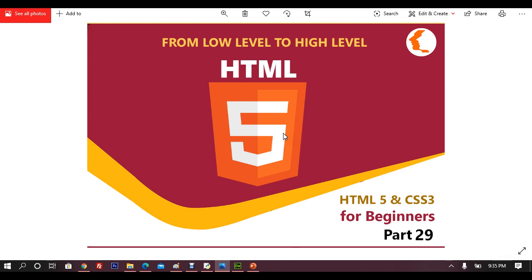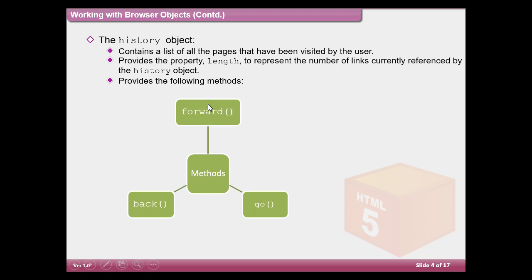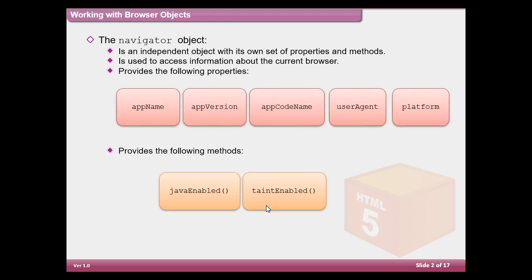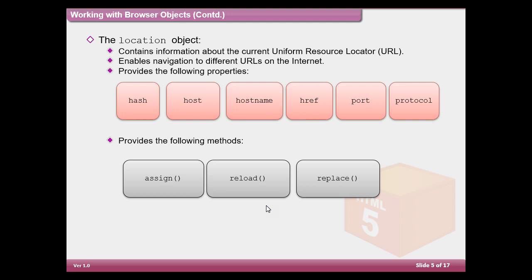Okay, now where did we leave off yesterday? We have to go back and recap. We have seen the history object: history.forward, history.back, and history.go, maybe -2, -3, -1. We have also seen the screen object and the navigator object, and today we are going to see the location object.